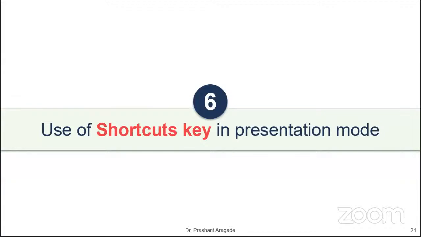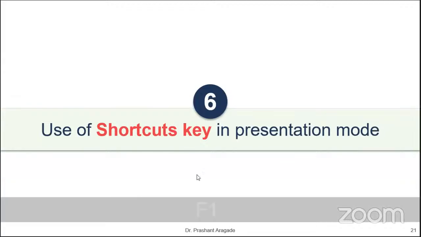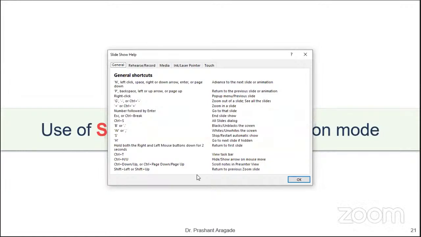You have to just be in presentation mode and press F1. I have pressed F1. You will get all the shortcut keys list on your screen. Just read it and start using it.